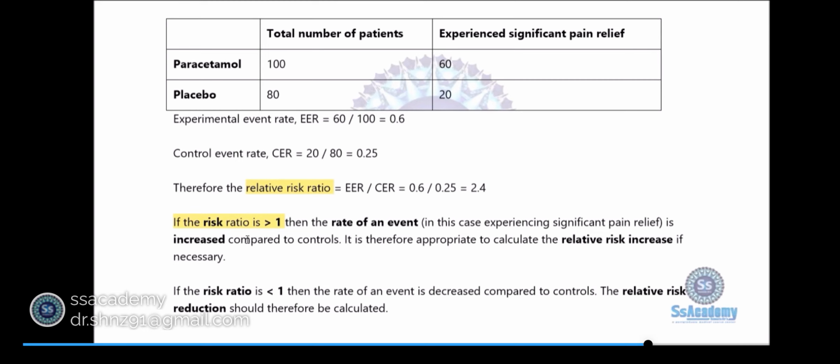Once again, whenever the relative risk is greater than 1, we need to calculate the relative risk increase. Same thing, if the risk ratio is less than 1, the relative risk reduction should be calculated.